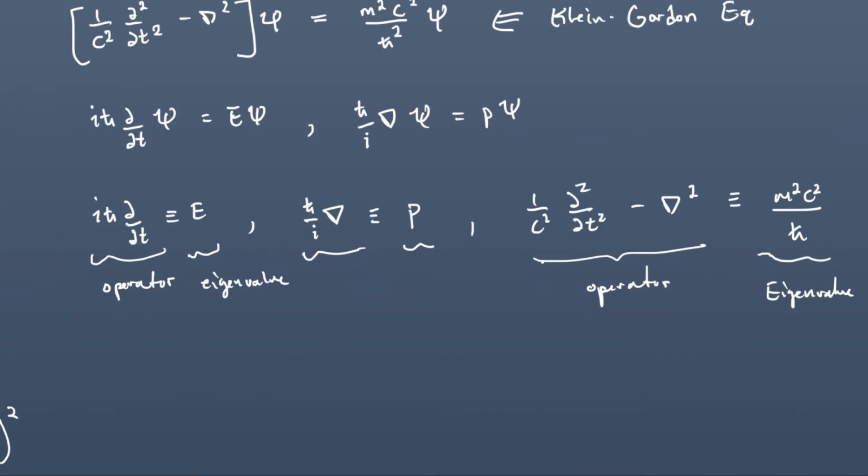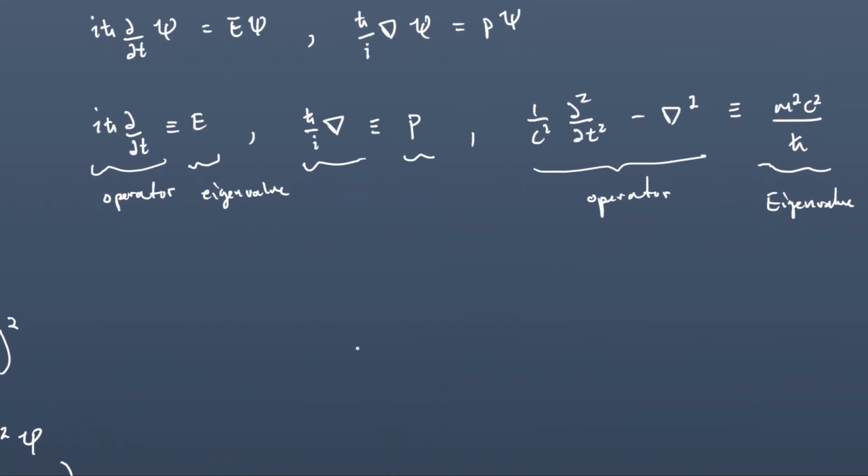We can clean this up even more, actually. To really organize this in our heads and keep it at the forefront of our minds, we could say d dt is associated with energy. And this, the derivative with respect to all dimensions of space, is associated with the momentum.